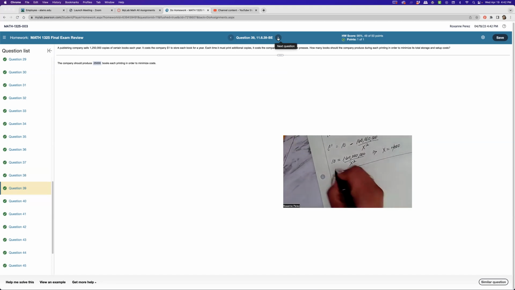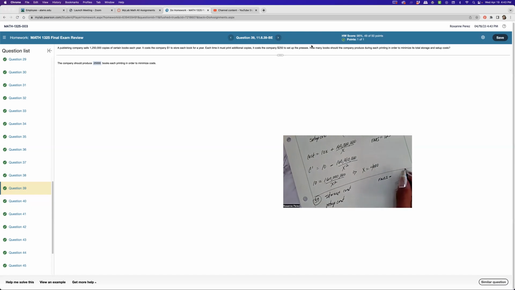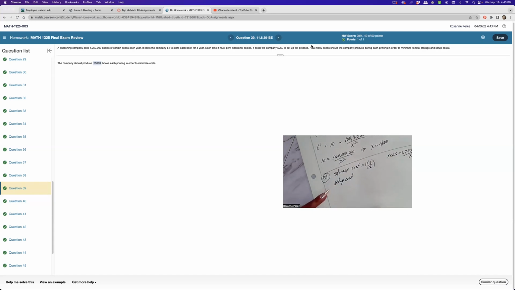Okay, the next one, 39, same concept. We have storage cost, setup cost, and runs. This company produces 1,250,000 books over X. Their storage cost is 1 times the average in storage.